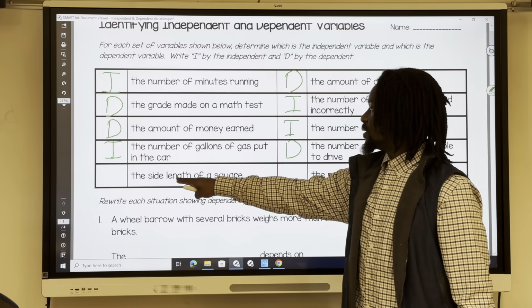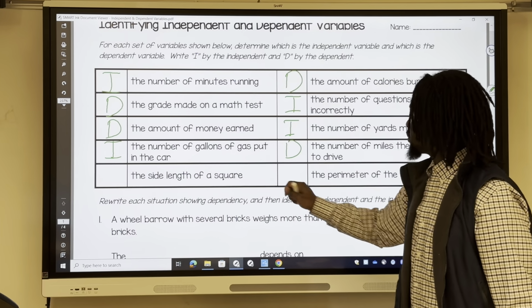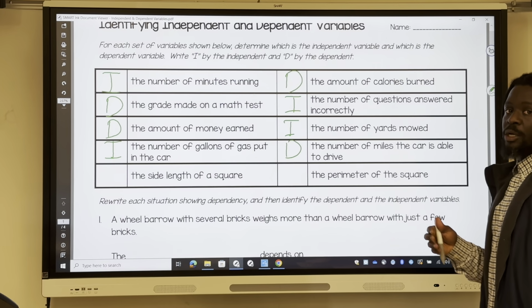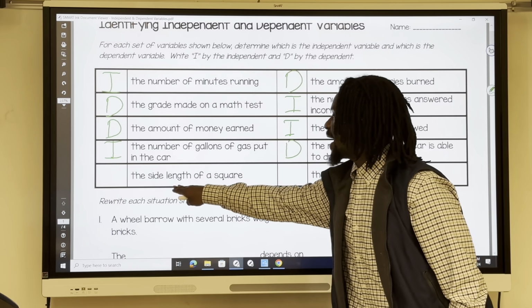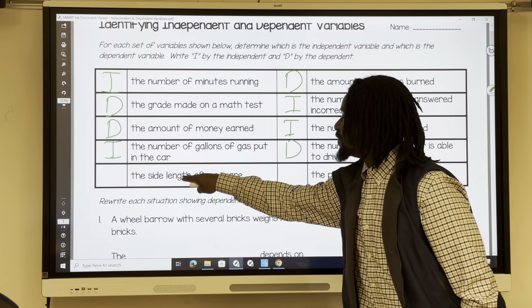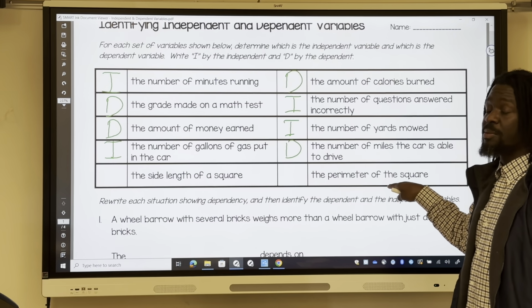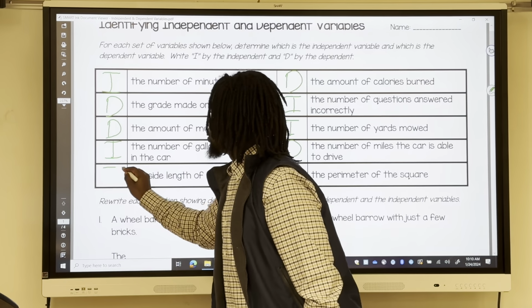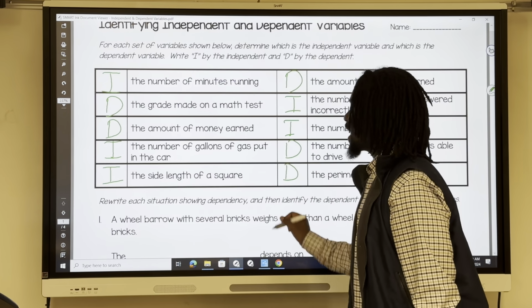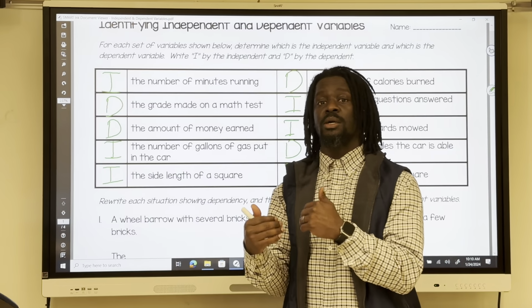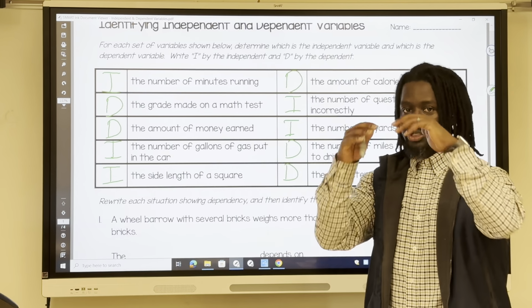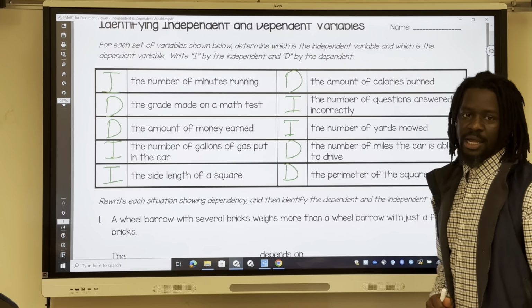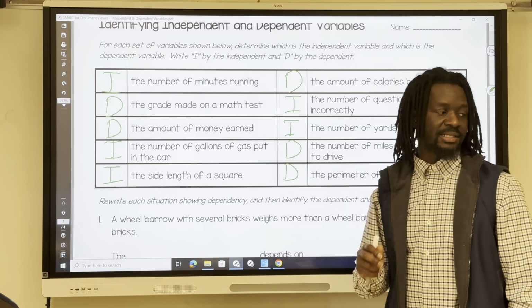Then the last one: the side length of a square and the perimeter of the square. Which one causes the other? Does the side length of the square determine the perimeter, or does the perimeter cause the side? Again, the side of the square causes how much the perimeter will be. So those are our answers for that section.